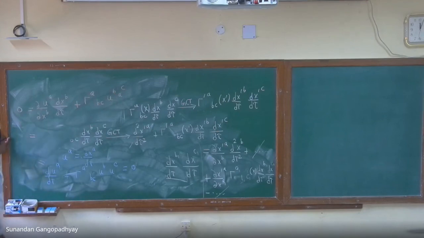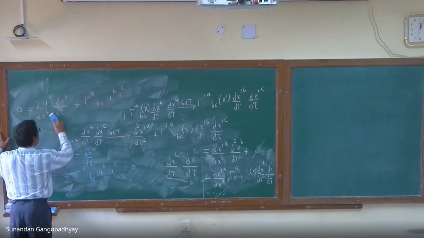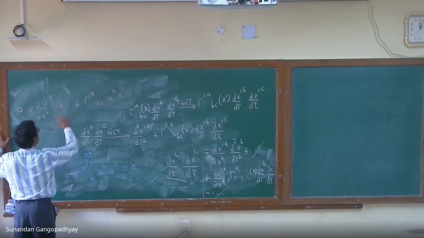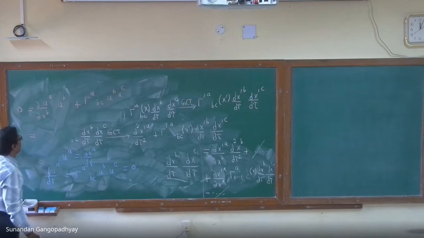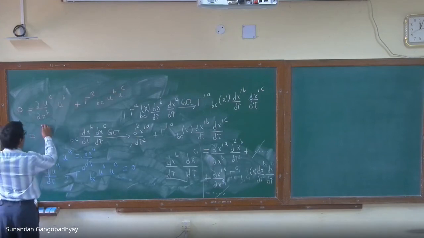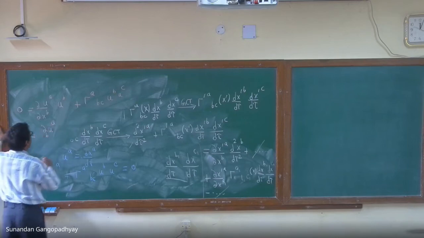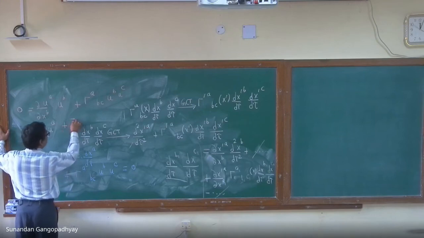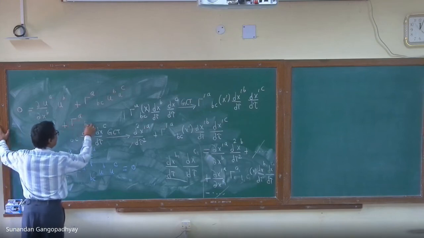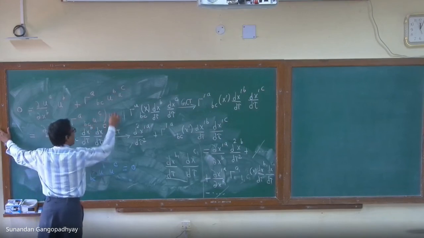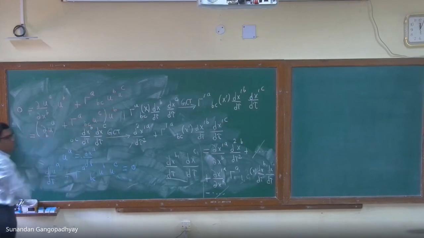Now this can be replaced by UV. What we can write now is del UA del XB plus gamma A BC UC UV.